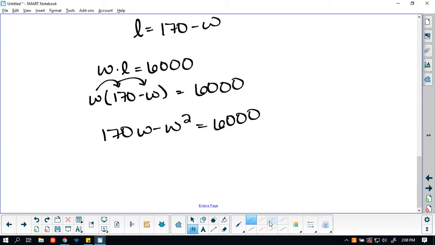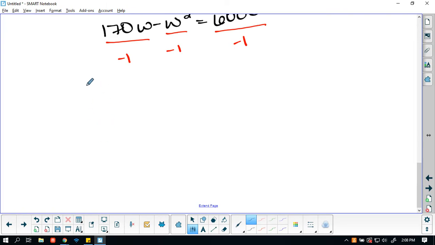The next thing I want to do is divide each term by -1. So we have now W squared minus 170W equals -6,000.